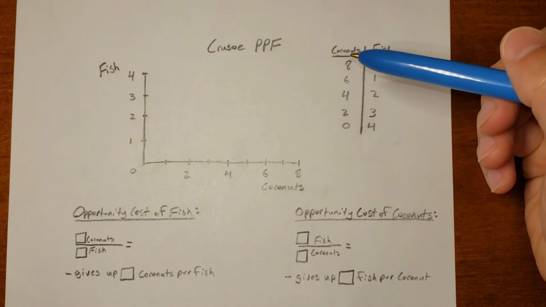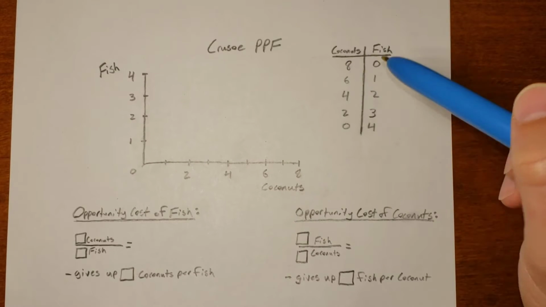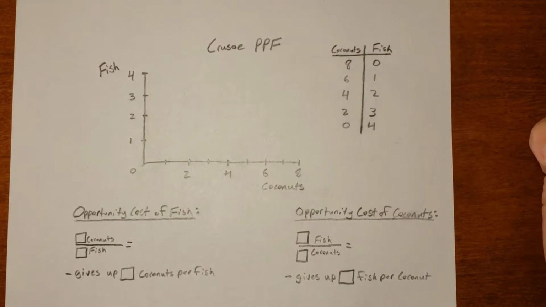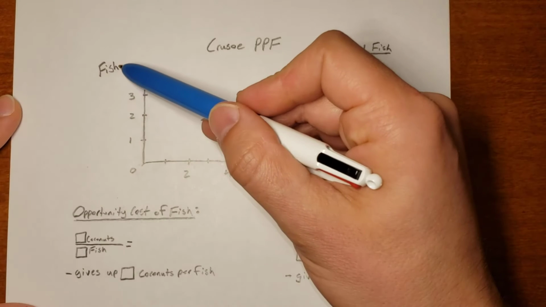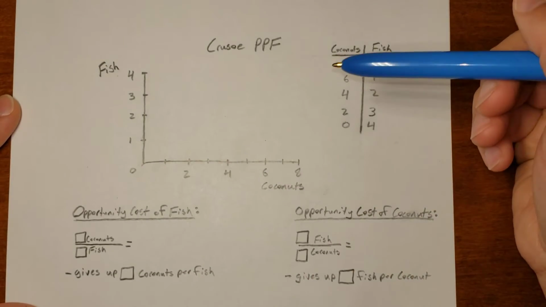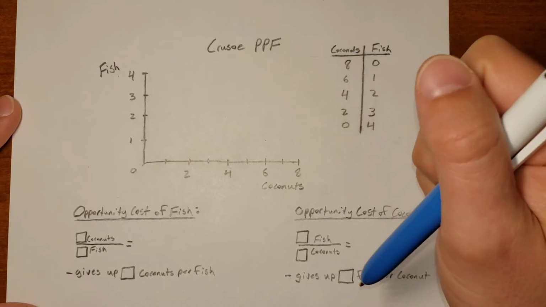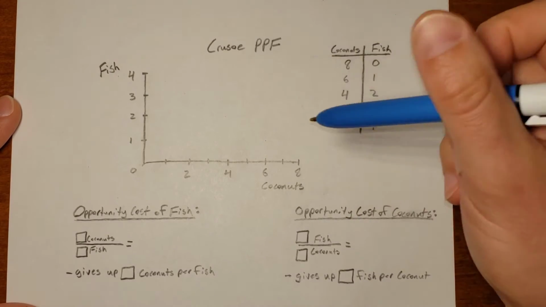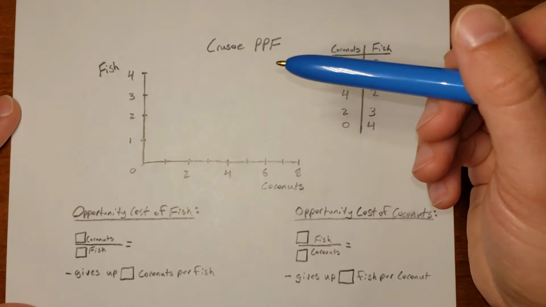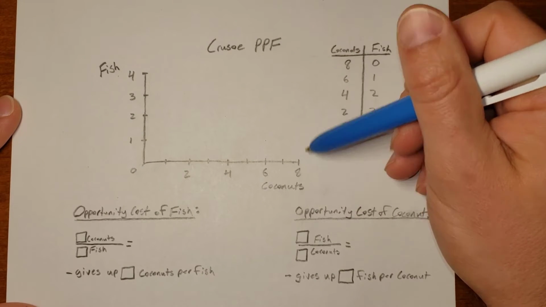Caruso is the character, Robinson Crusoe, who ended up stranded, shipwrecked on an island, and let's just pretend that Caruso is on this island. He can produce two goods, fish or coconuts, or more accurately, he's going to be catching fish and gathering coconuts.